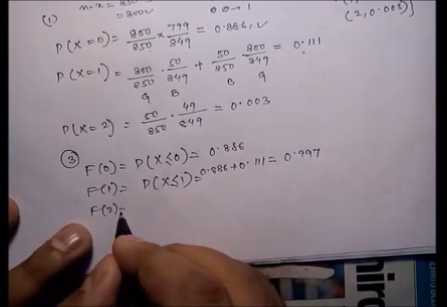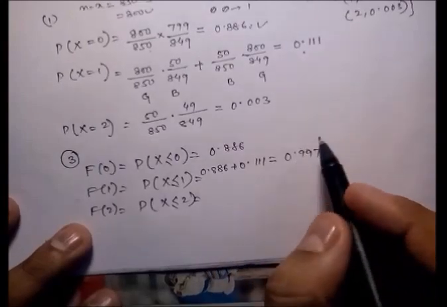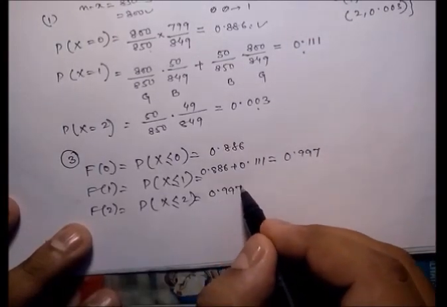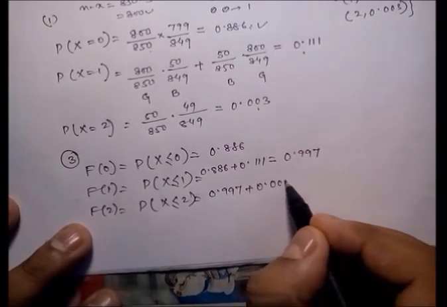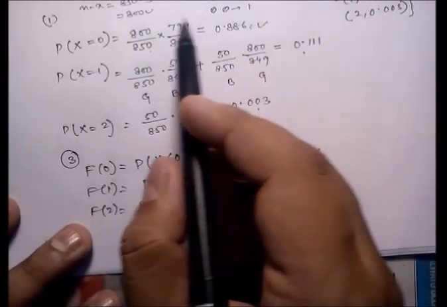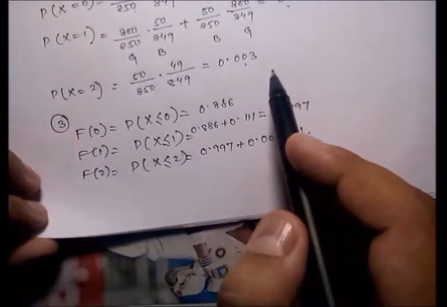And finally F(2), probability of X less than or equal to 2, is 0.997 plus 0.003, so that is 1. Okay, so that was the probability mass function, probability distribution, and distribution function. Next problem.